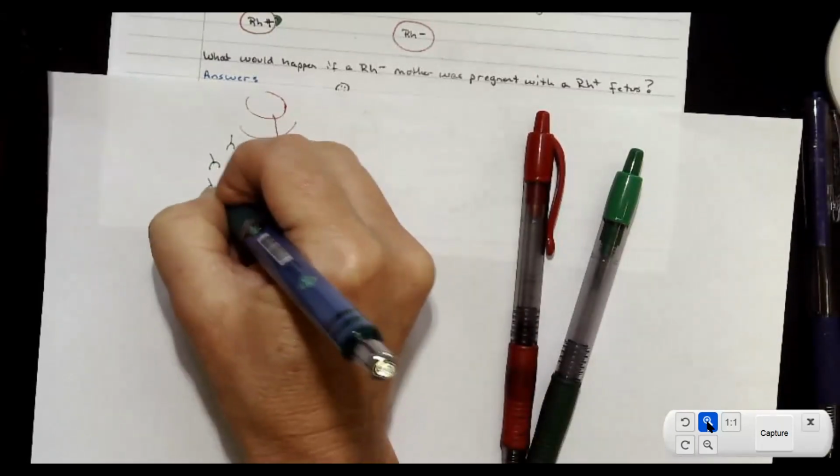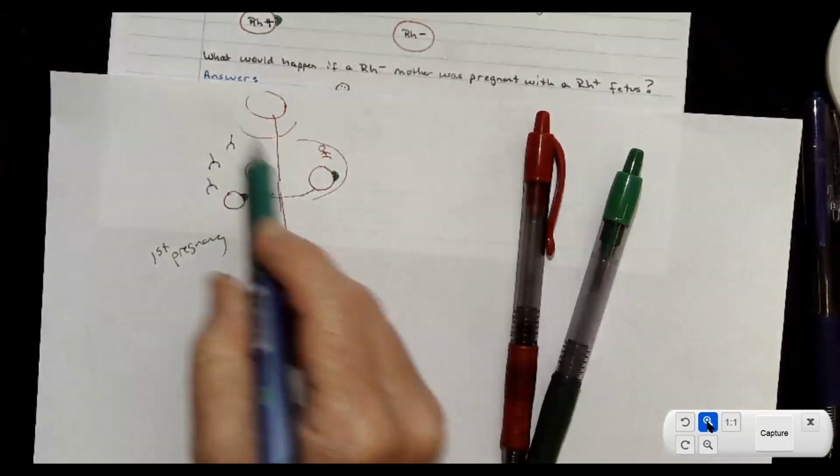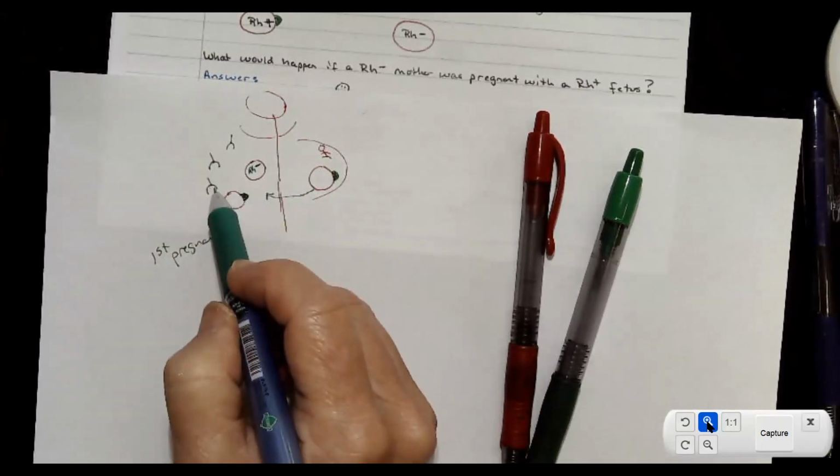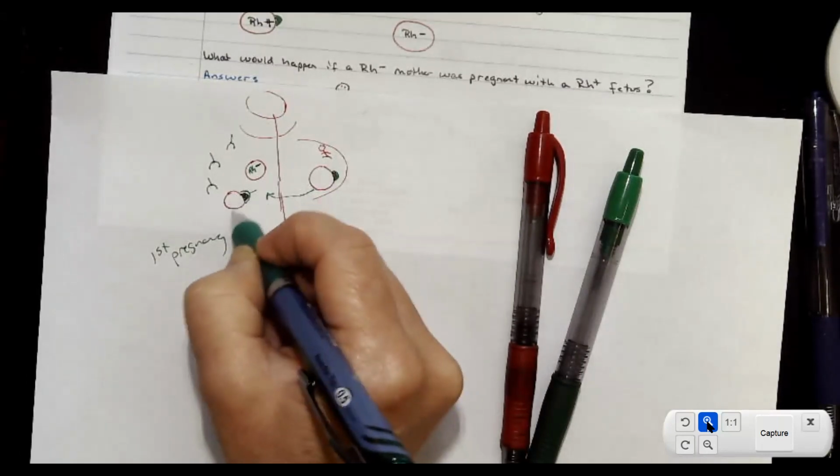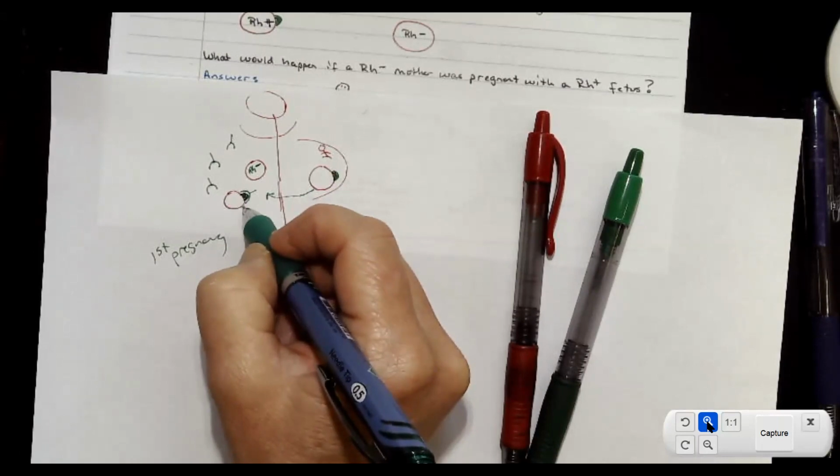Now her immune system has started making antibodies to attack this foreign blood that got in during delivery.